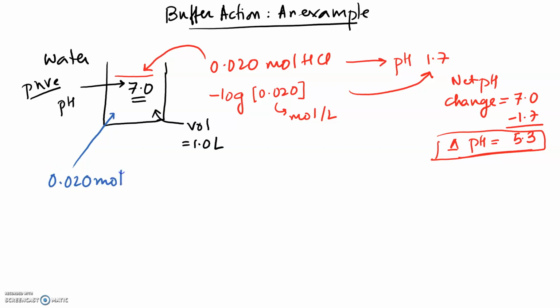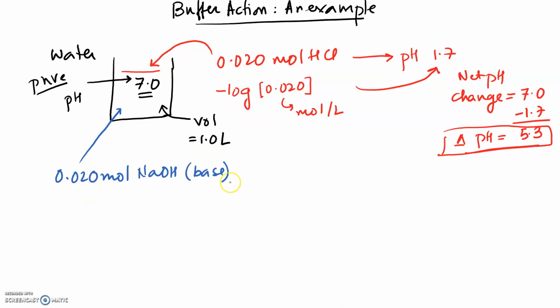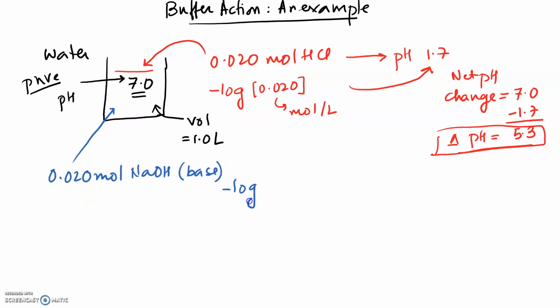we add 0.020 moles of sodium hydroxide, which is a base. Okay, and when we add that, again, you take the negative log of the hydroxide ion concentration, just like we did for the HCl, which was an acid, and that ends up giving us a pOH of 1.7.